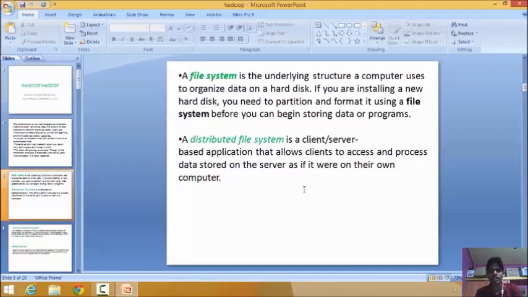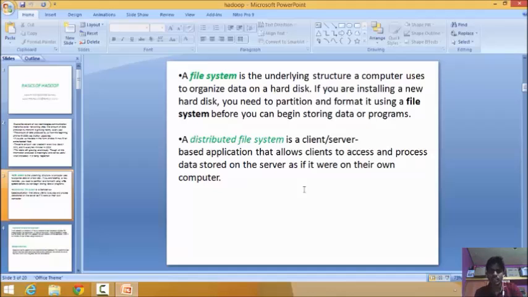If you are installing a new hard disk, you make it into some partitions and then you use it. Why do you make partitions? Because you want to store data or programs in them. Every computer needs to adopt a system for storing its information. That is called a file system.